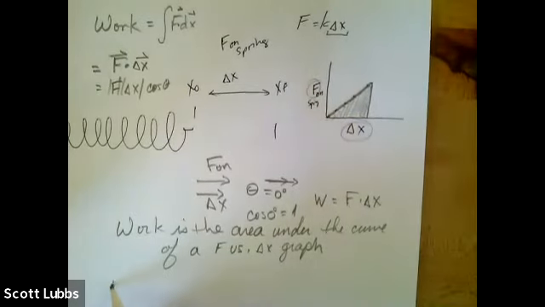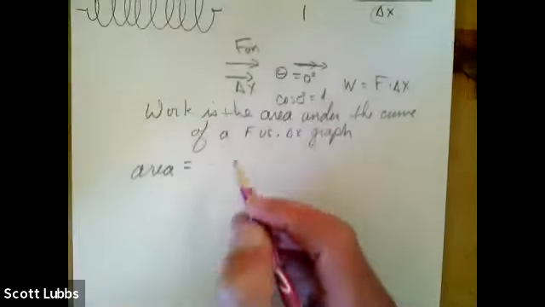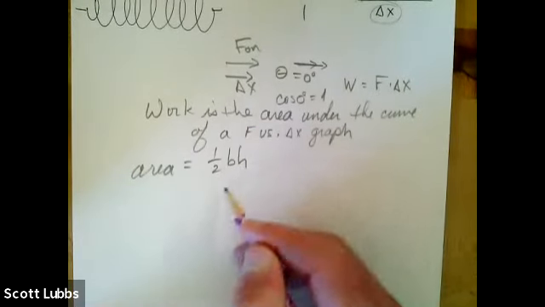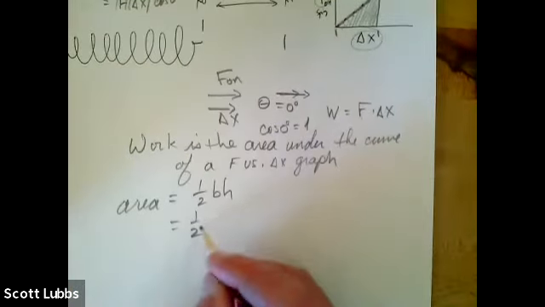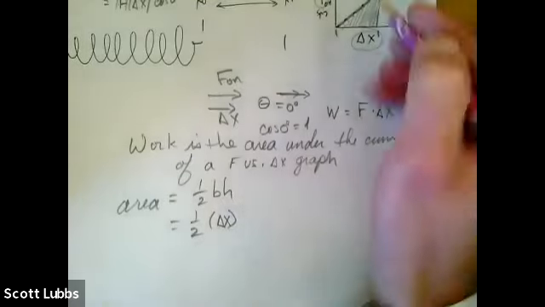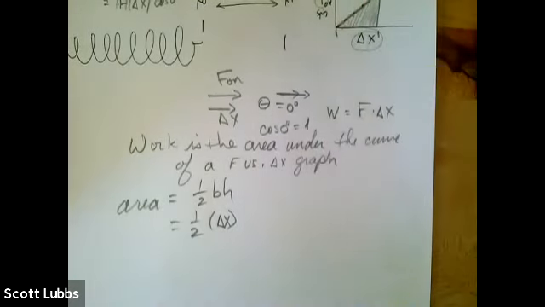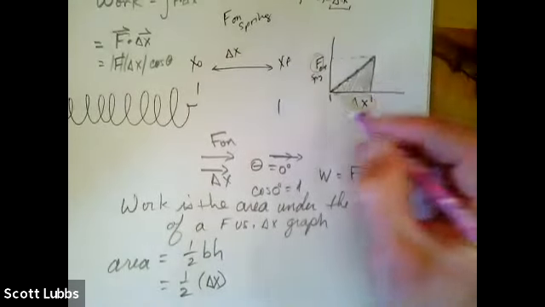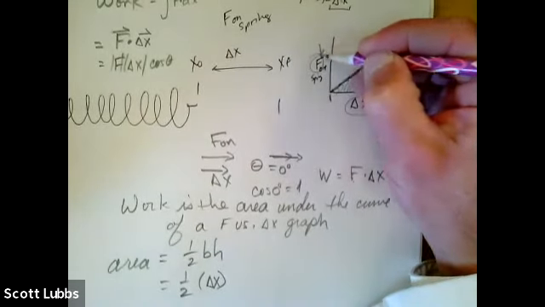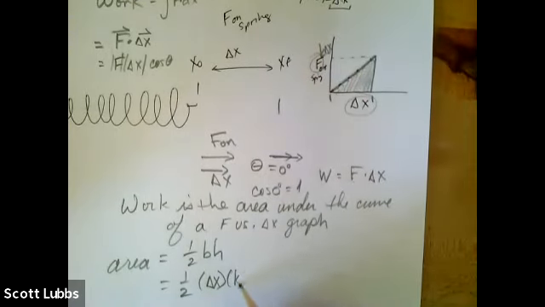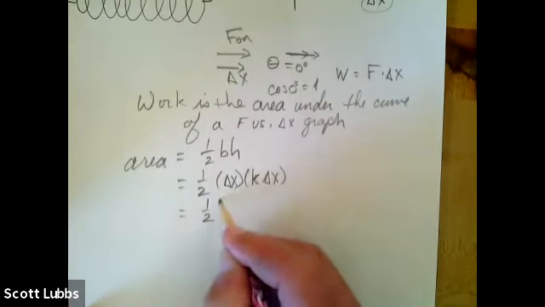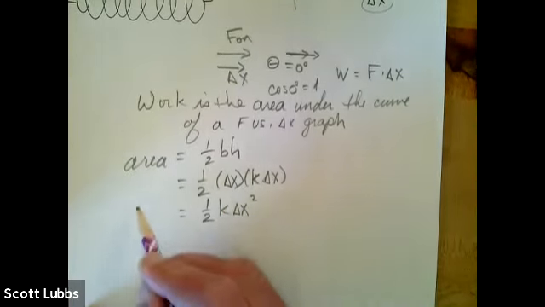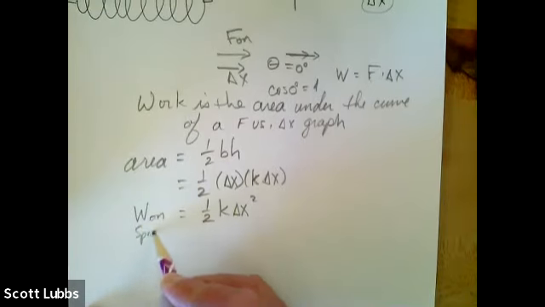That area is 1/2 the base times the height. The base is delta X. What's the height? The height is the final force, that is K delta X, spring constant times delta X. And what do I end up with? 1/2 K delta X squared. That is the work done on the spring.